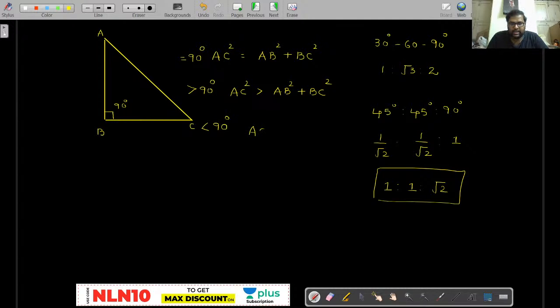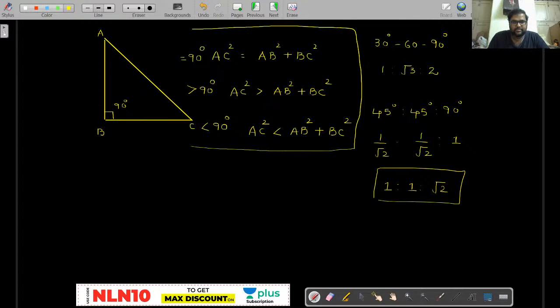And in an acute angle triangle, the hypotenuse will be in this format: AC square is less than AB square plus BC square. These are the points. I am discussing each and every basic point for you. Done. Right?